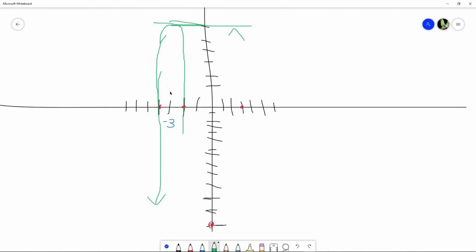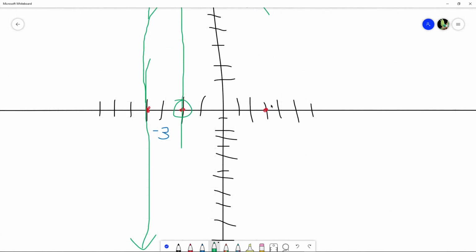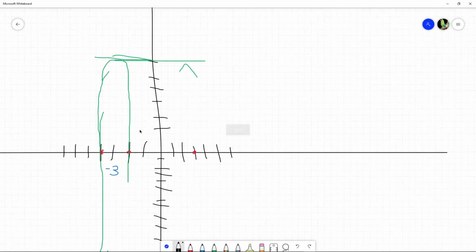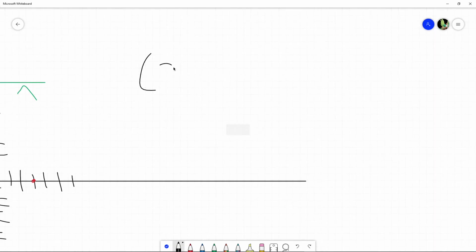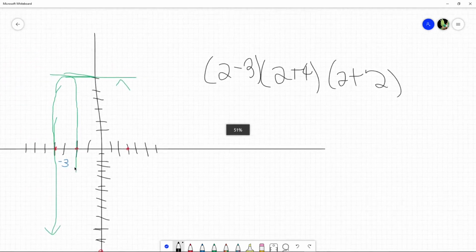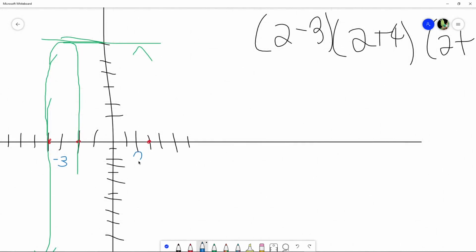Now, in order to find this area, we're going to look between these 2 points right here. What is the rightmost value we have? It's positive 2. Alright, since we have positive 2, I want to solve for that again. So 2 minus 3, 2 plus 4, 2 plus 2.